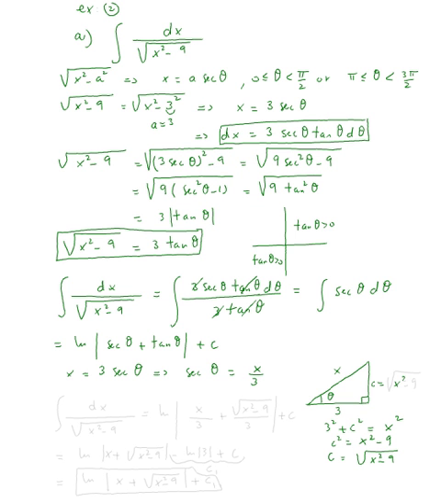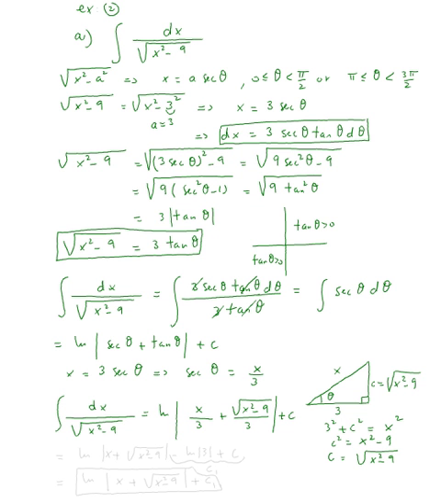Now the integral of dx over the square root of x squared minus 9 is equal to ln of secant theta, which is x over 3, plus the tangent theta, which is the square root of x squared minus 9 over 3, plus some constant c.